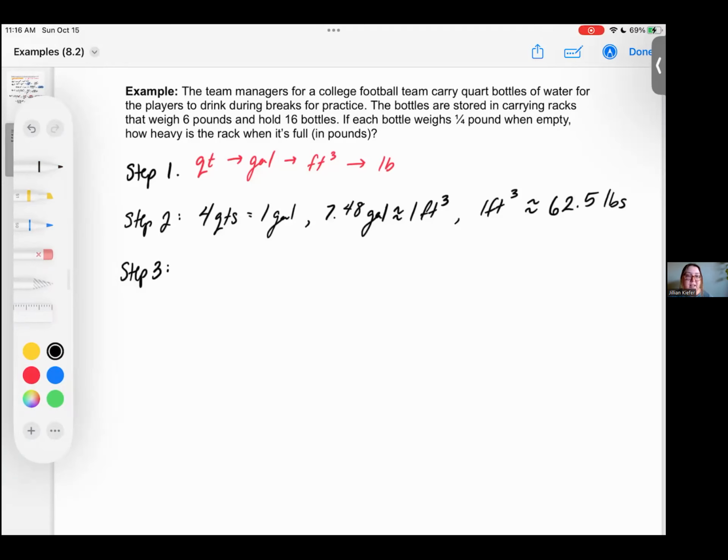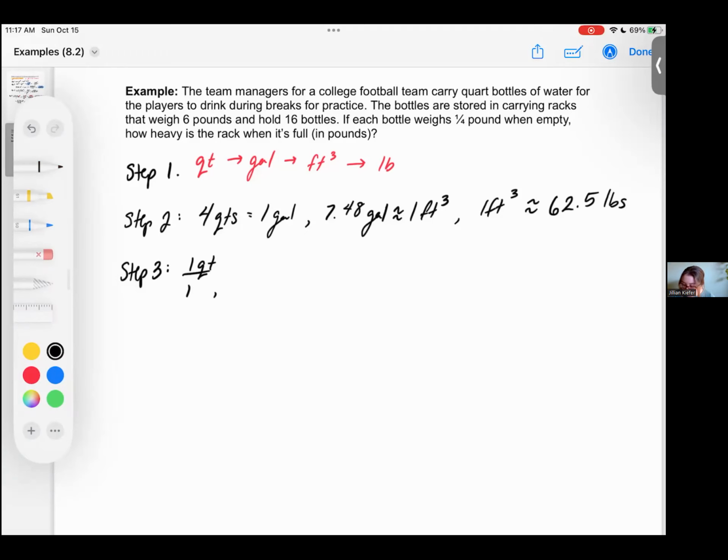So we can say that for each single bottle, we're going to have 1 quart. So we'll begin with 1 quart, which means that quarts needs to cancel, making it so that in your quarts to gallons ratio, quarts needs to be on the bottom. Because remember, we start with our amount over 1, so 1 quart over 1.